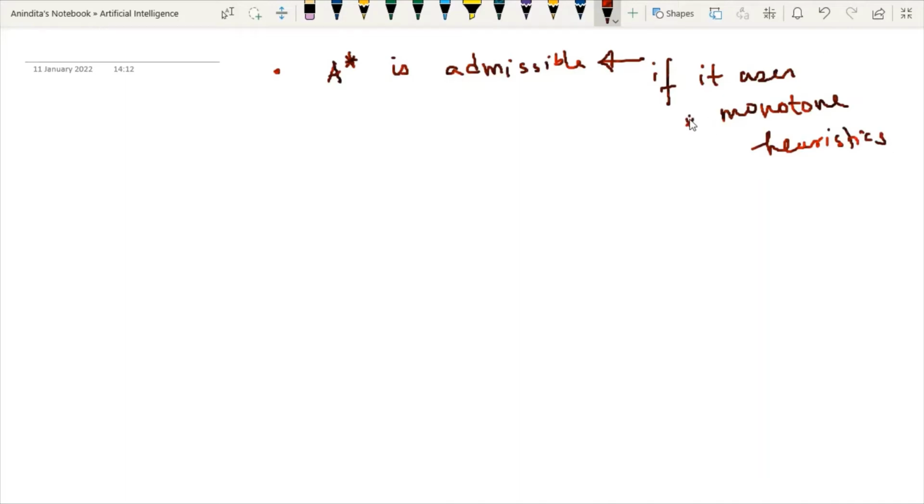Now we have to focus on this term, because the proof of admissibility is totally dependent on monotone heuristics. Now what is this monotone heuristic?